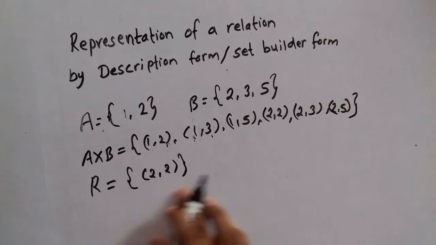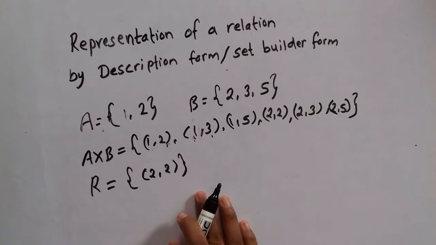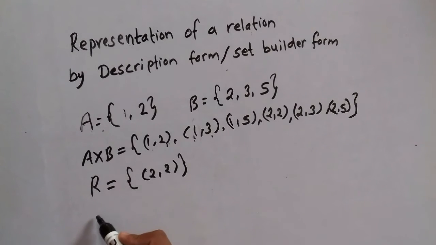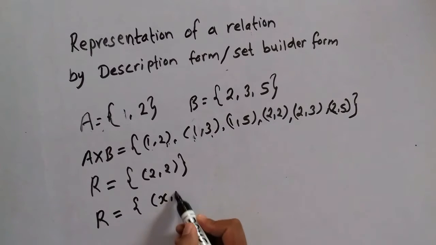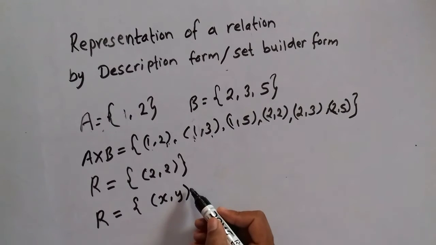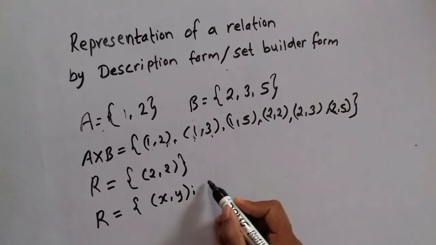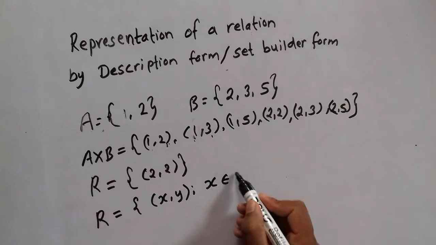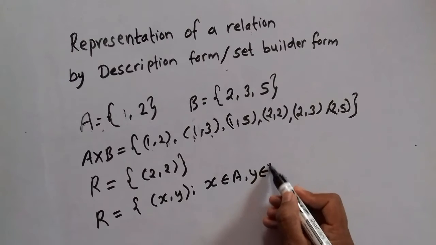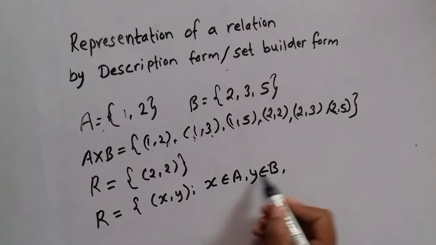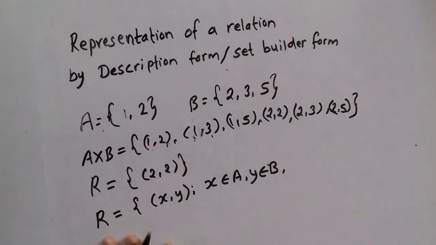Now we are going to represent this relation by description method. For this we write R equals order pair (x, y), here x belongs to A, and y belongs to B, then we write the condition for which this relation is formed.